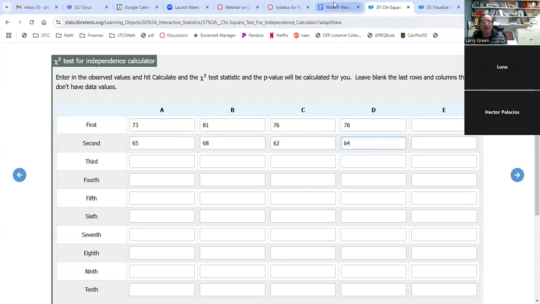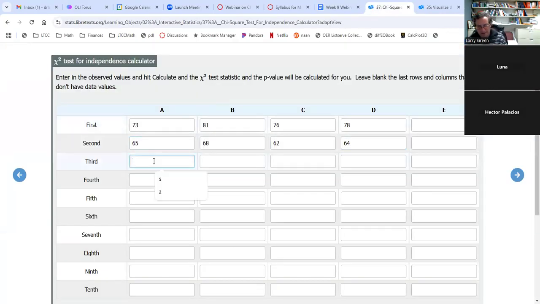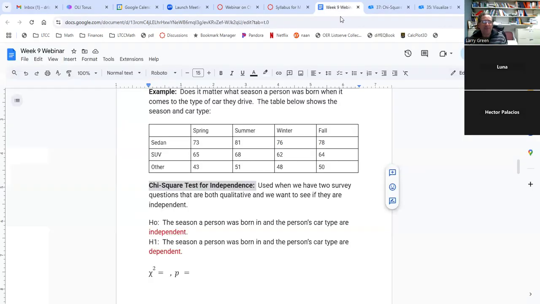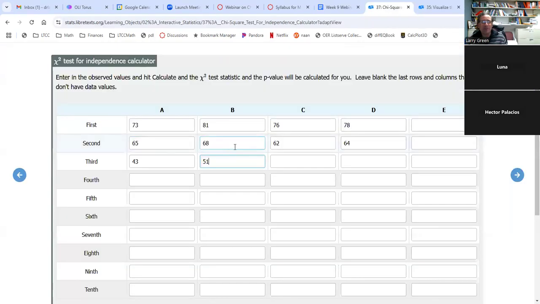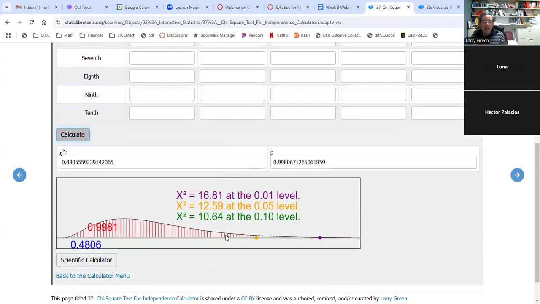And the third one, 43, 51, 48, 50. And then we hit calculate. Any questions? Any questions on how I entered it into the calculator?